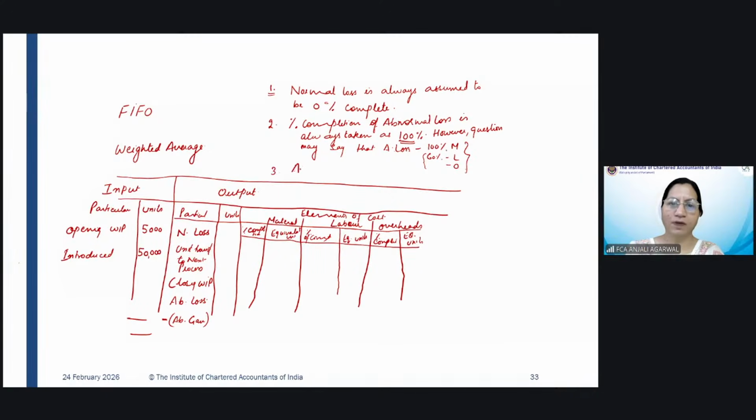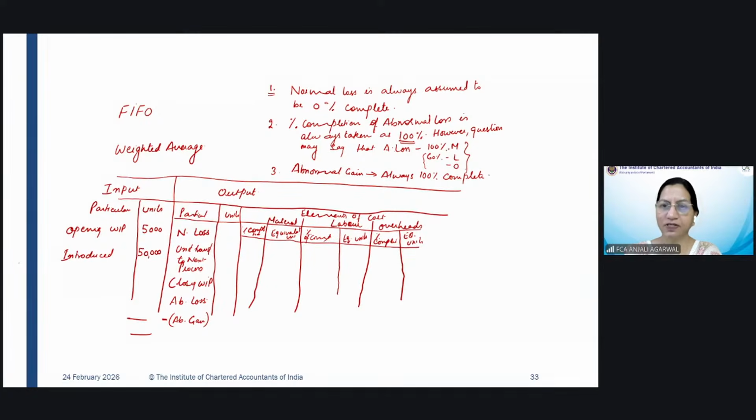Third, abnormal gain is always 100%. Abnormal gain means completed units. So completed unit will mean 100%. Always 100%. So normal loss is always 0% complete. Abnormal gain is always 100% complete. But abnormal loss, if nothing is mentioned, then you may take as 100% complete.